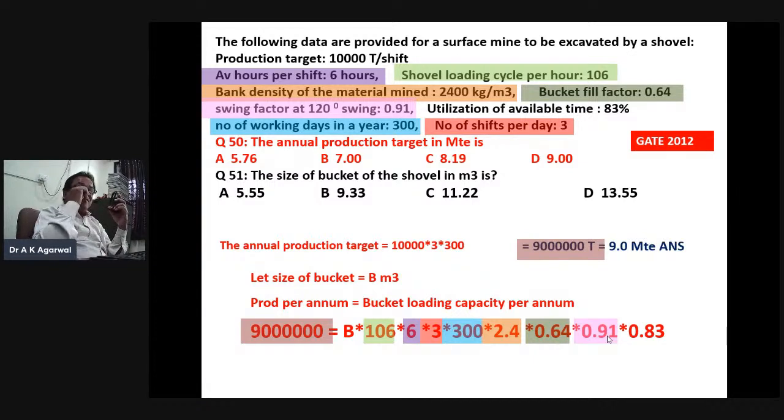And utilization of available time is 83%. Now in this equation, if you see, only one unknown is there, that is B, the bucket capacity. Everything else is known to us.